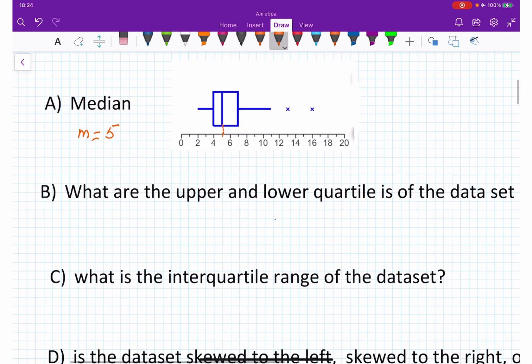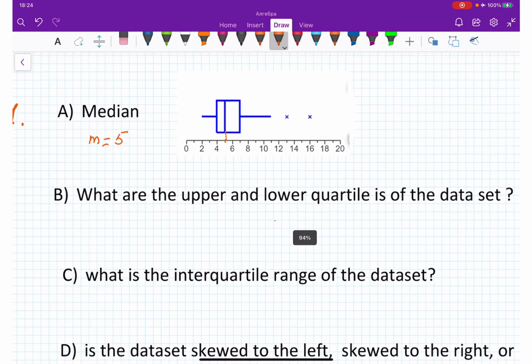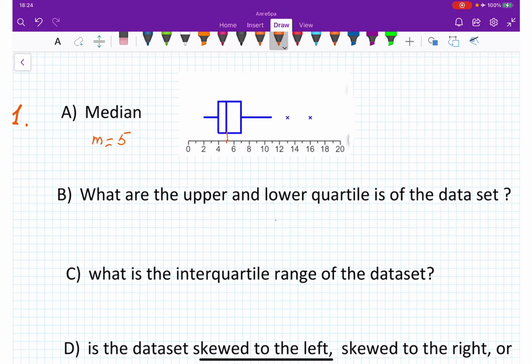Okay, next. What are the upper and lower quartiles of the data set? Let me clean this. So where do we have the lower quartile?